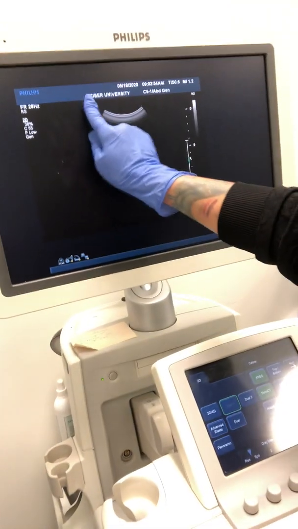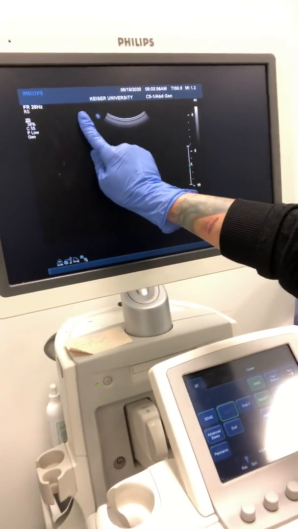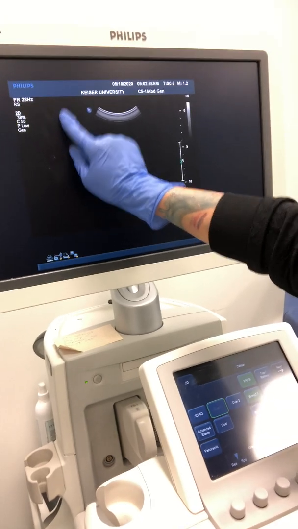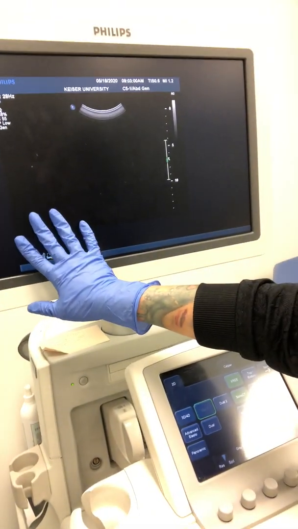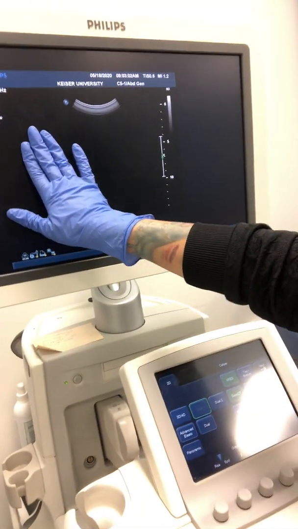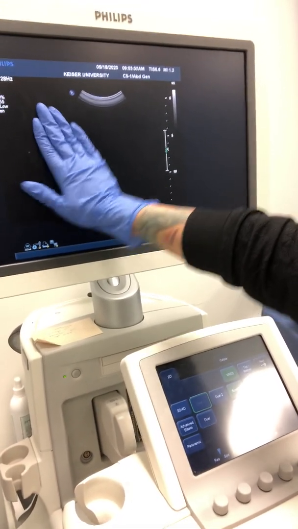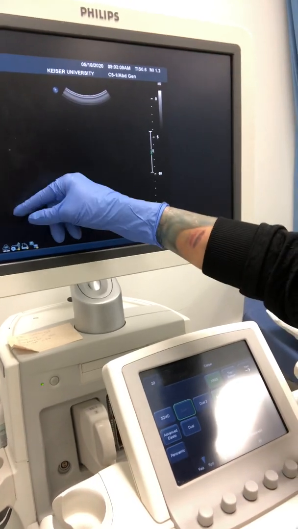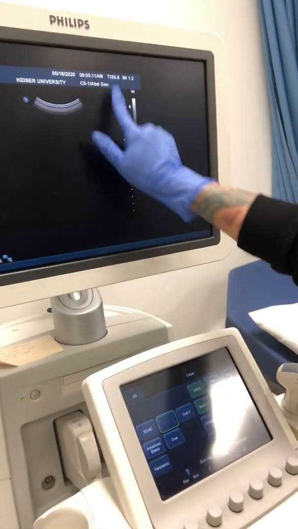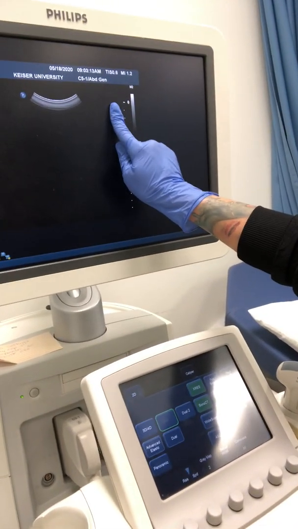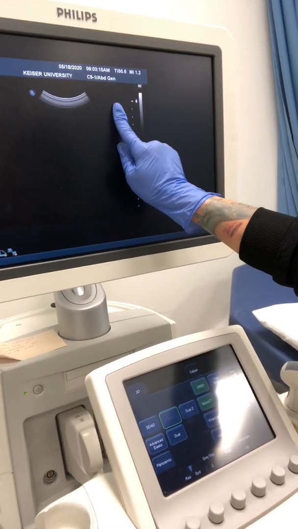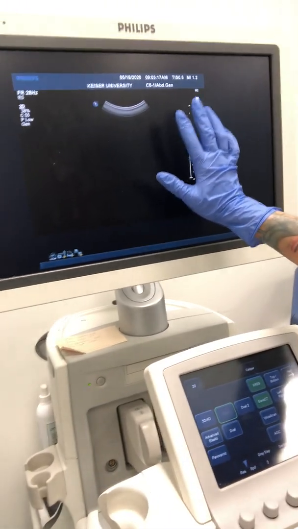The only thing that will change in the coronal approach is that your indicator side, or the left-hand side of the screen, will either be superior or posterior. Because if we take our notch and we go into transverse, we're going to be pointing towards the patient's back, which would make this portion of the screen either inferior or anterior. It just depends on which position you're in.